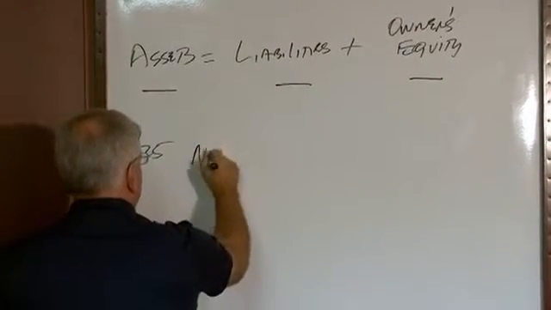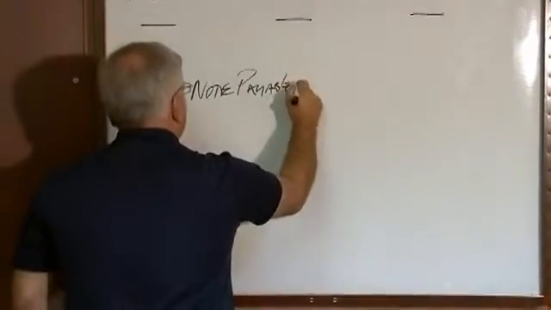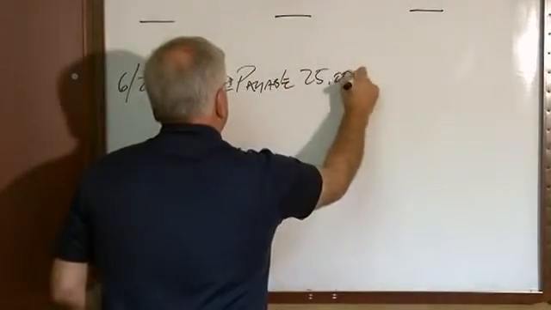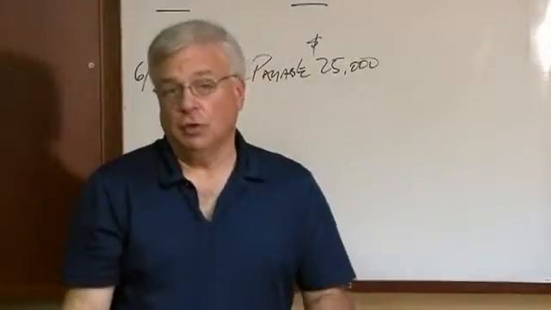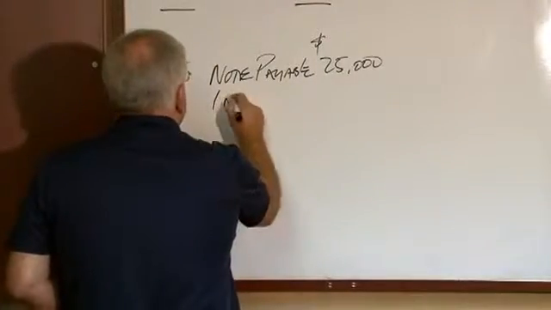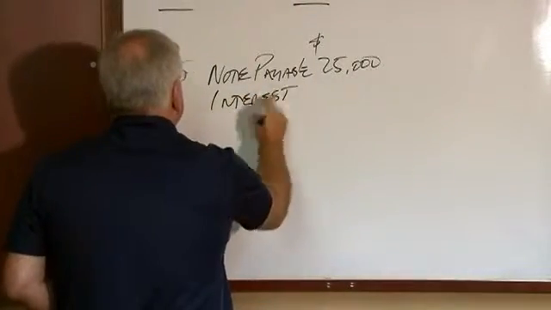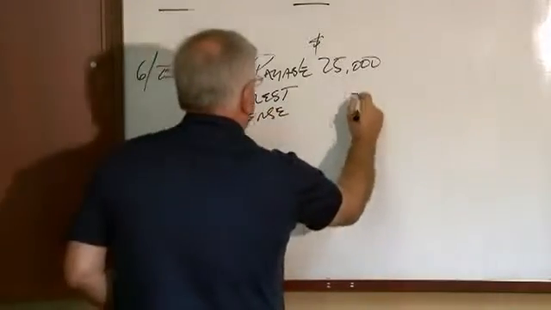So our journal entry will contain debit to note payable, for the sake of our example here, let's suppose the interest expense was $250. Interest expense uses an expense account, so that'll be a debit to increase that.